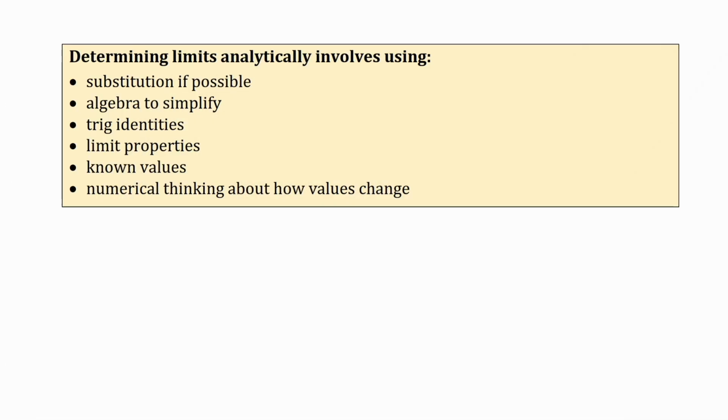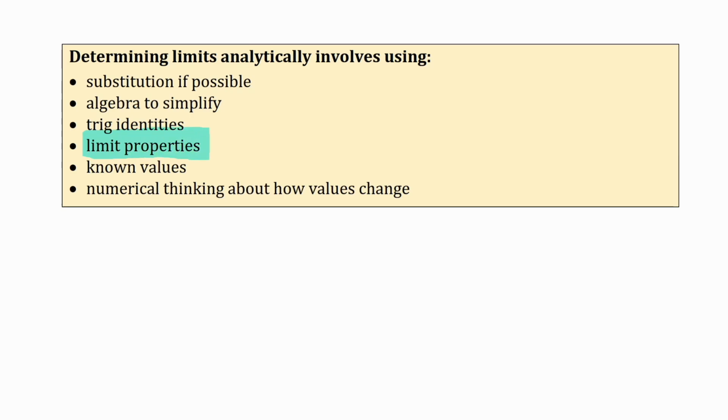In general, when we determine limits analytically, there's a variety of things we can use. First of which is what we saw right off the top of this video, which is using the idea of substitution if we can, if we know the function is continuous at the value we're looking at. Next thing we're going to look to use is any algebra techniques and skills we have, including what we know about trig identities, things you've learned in previous math work.